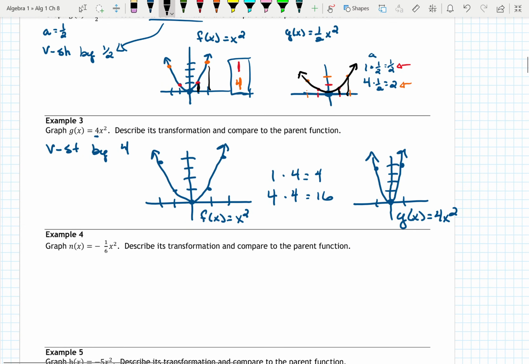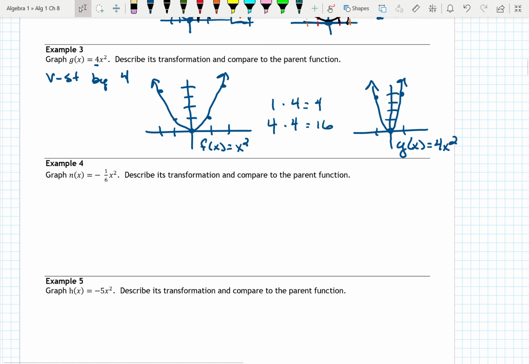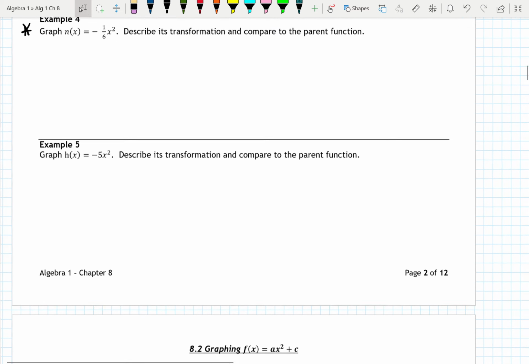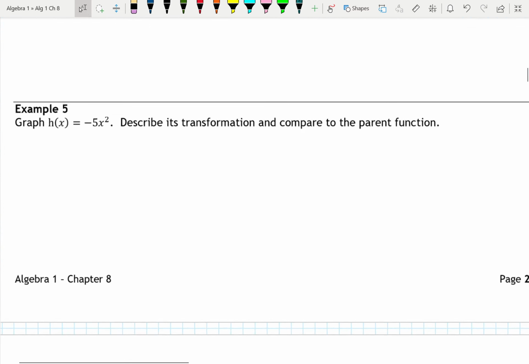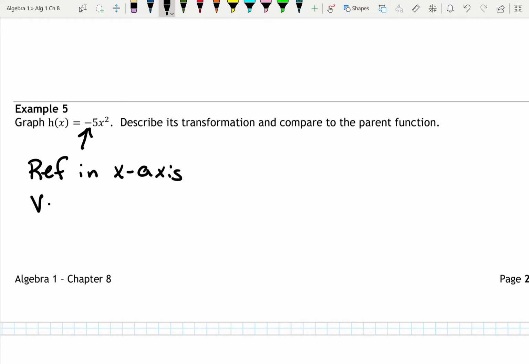Alright, let me find a problem with a negative hanging out front. I don't really want to do number 4. You guys can do number 4 on your own. Number 5, let's do it. The negative hanging out front is going to be a reflection in the x-axis. And the 5 is going to be a vertical stretch by 5.